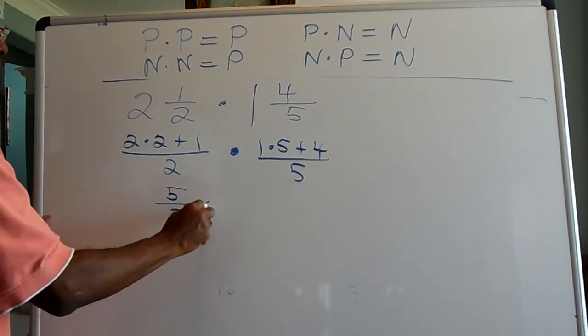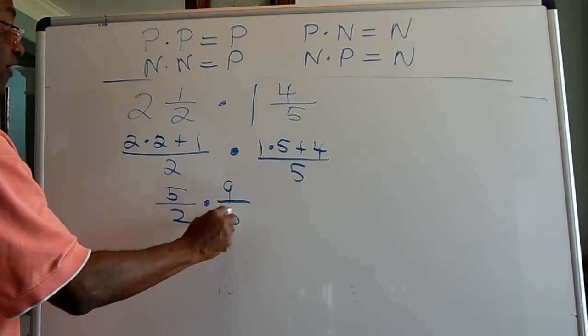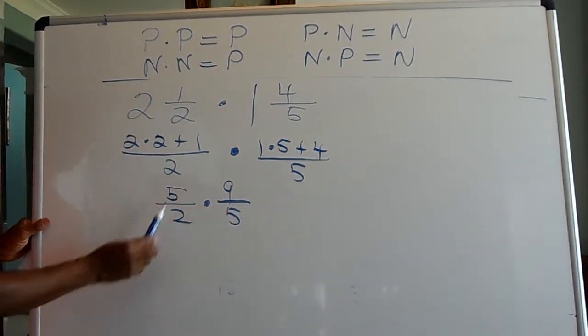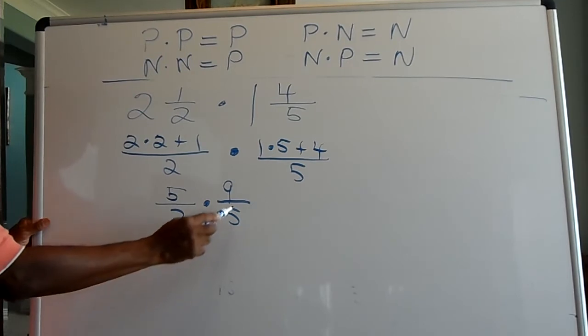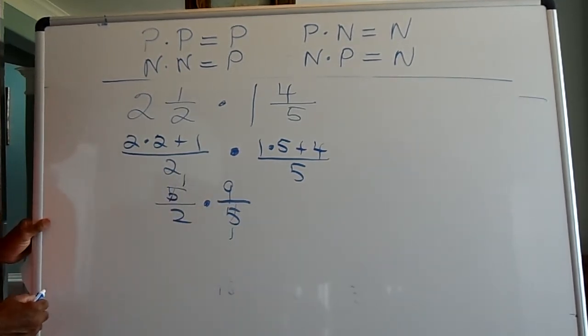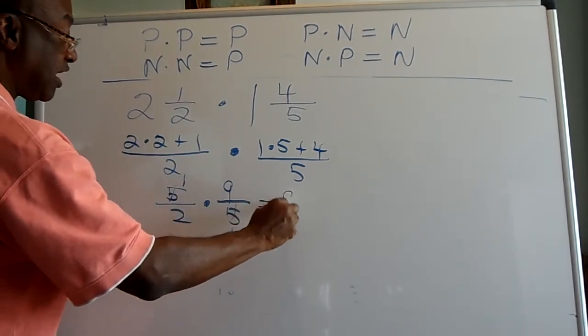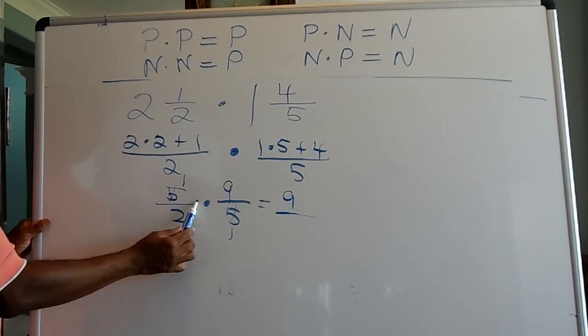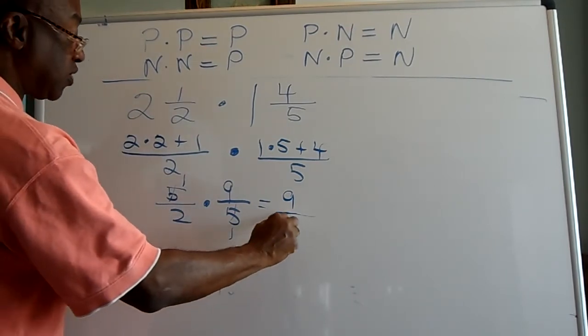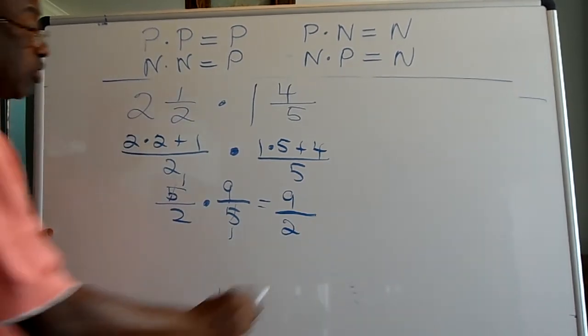Do our multiplying and adding here, we end up with 5 over 2 times 9 over 5. Now here we can cross cancel. Look here, we have a 5 here and a 5 here. 5 goes in 5 one time. And we can multiply 1 times 9 and get 9. And then 2 times 1 gives us 2. So the answer is 9 over 2. Now they want us to write this as a mixed numeral.